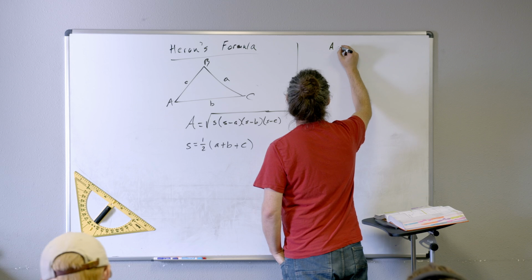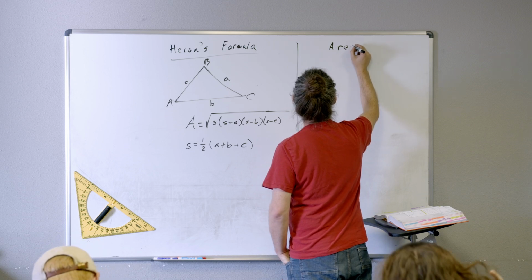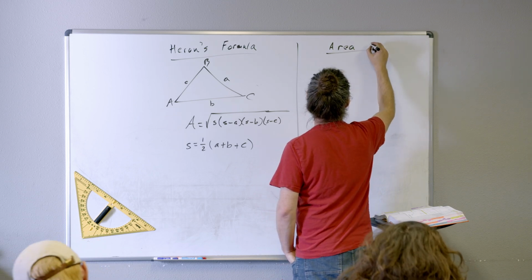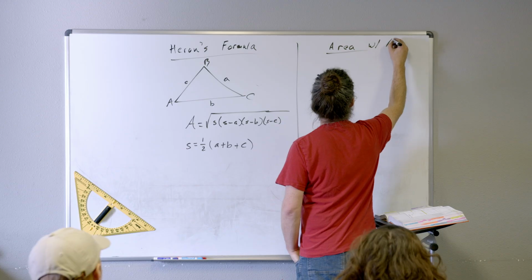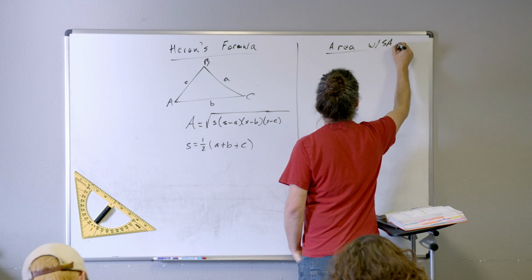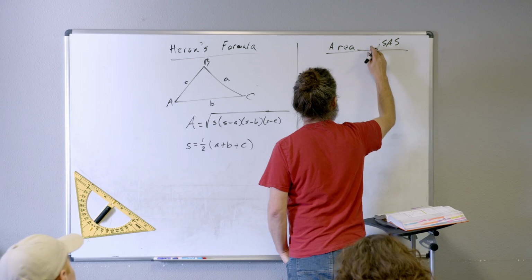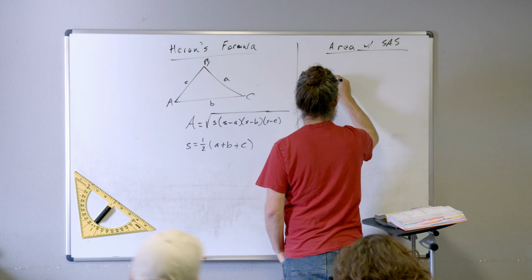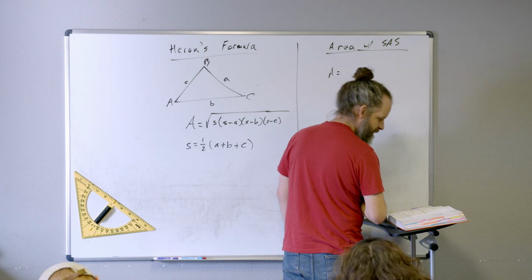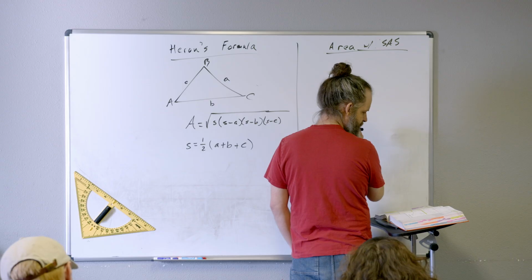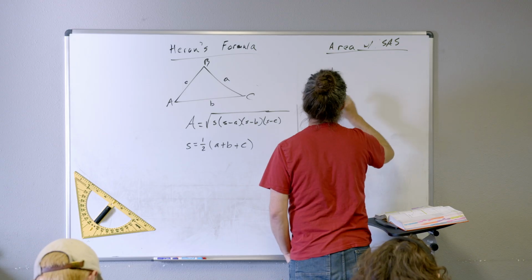Then if you're given two sides and the angle between them, there's a different formula that's even easier and it looks like this. Use the same triangle.